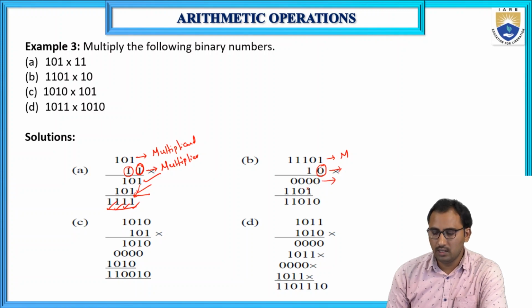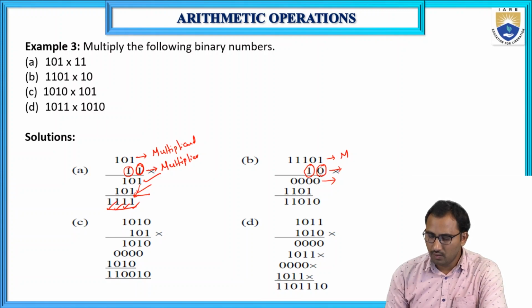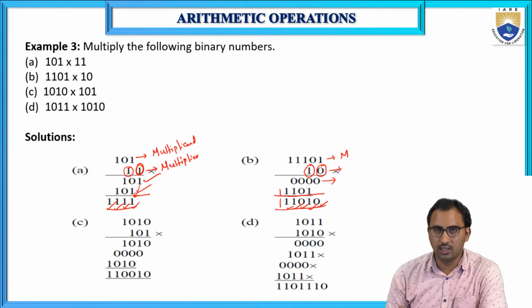Next we multiply the multiplicand with 1, so you will get the same as the multiplicand, 11101. Now the result is 00000 plus 11101, added together. So this is the result.